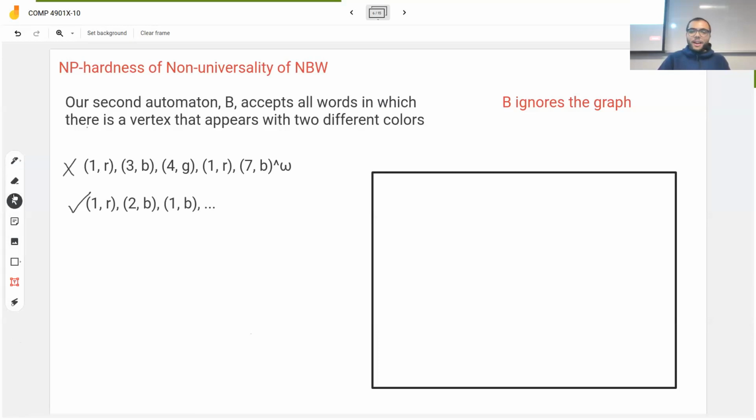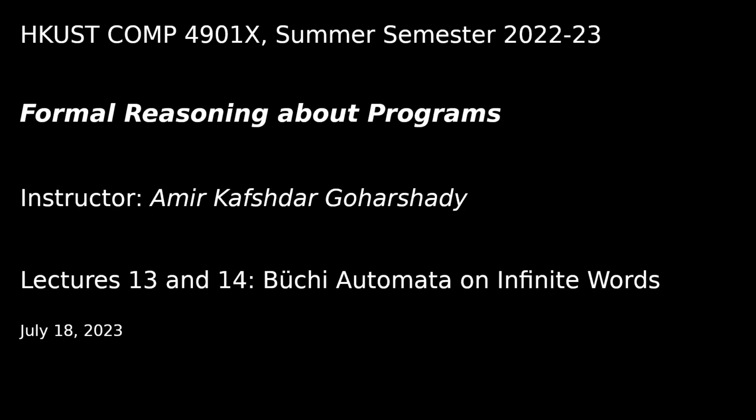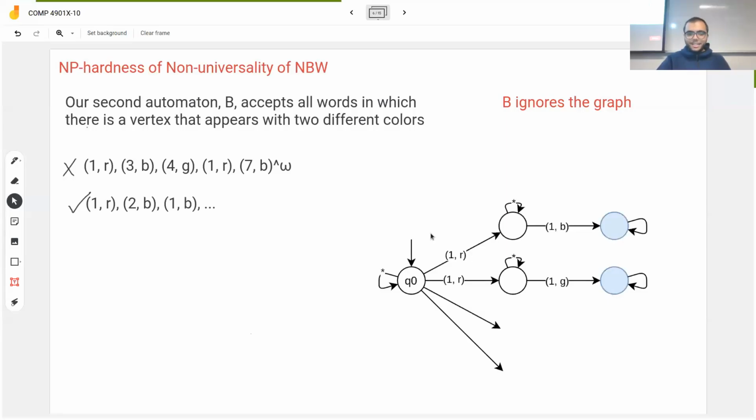Okay. How do I create such an automaton B? So basically, I want to accept if I see the same vertex with 2 different colors. That's actually exactly the idea here. So I have a starting state Q0. And remember, I can have a non-deterministic automaton.